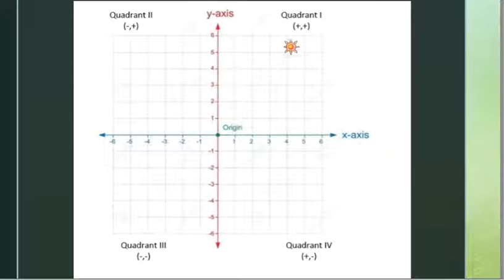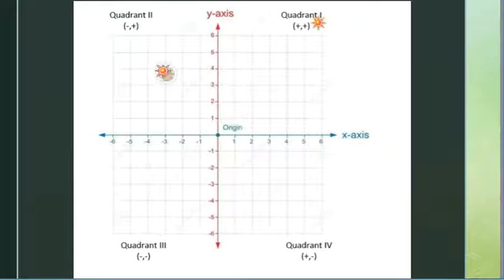Any of the points that are within quadrant 1 are going to have a positive x coordinate and a positive y coordinate. Okay, so any of the points within quadrant 1, and there's an infinite number of points, they're all going to have a positive x and a positive y.